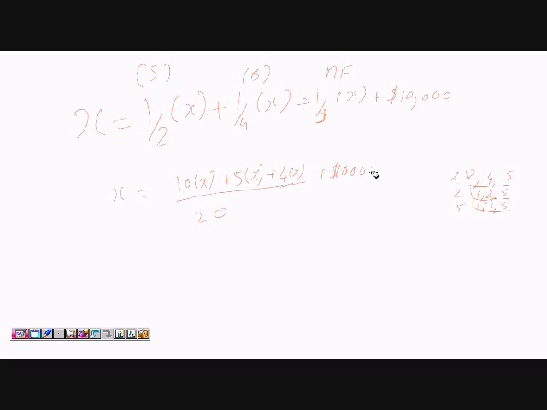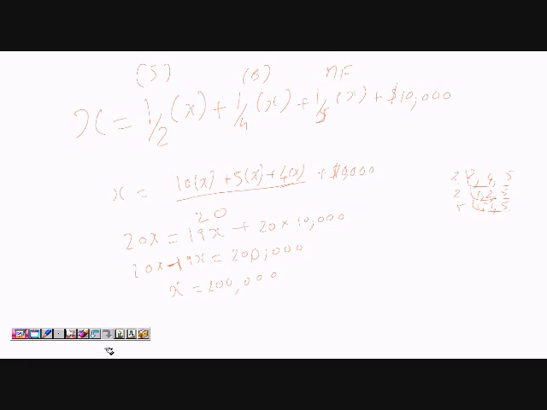Multiply this by 20 throughout, so that gives you 20x equal to 19x plus 20 times $10,000. Taking 19x to the other side, 20 minus 19 gives us x is equal to $200,000. That's the total amount that's invested in the trust fund.